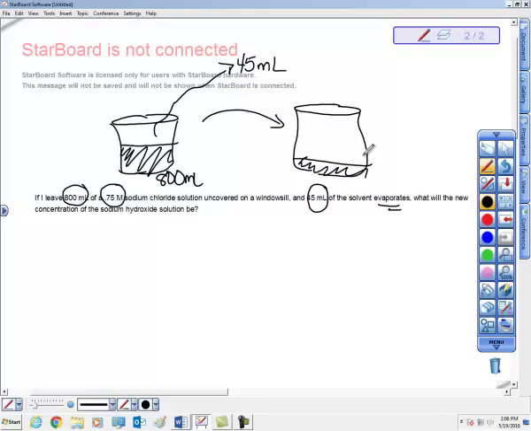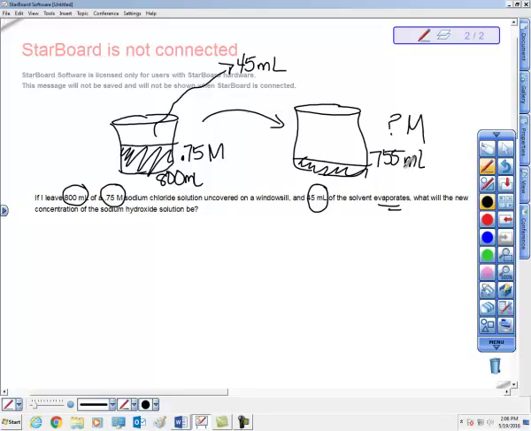Subtract. A lot of people think that the 45 milliliters is the final volume. No. That's just how much we lost to the evaporation process. So 800 minus 45. This guy's volume over here is 755 milliliters. The original concentration was 0.75 molar, and they want to know what the final concentration is. So this is the same thing.